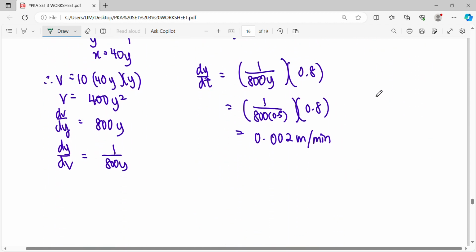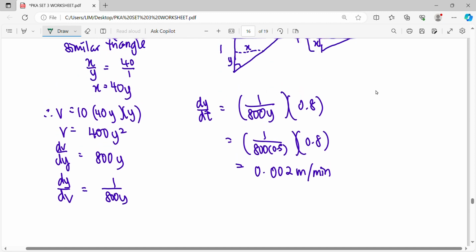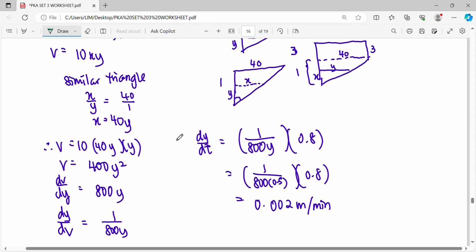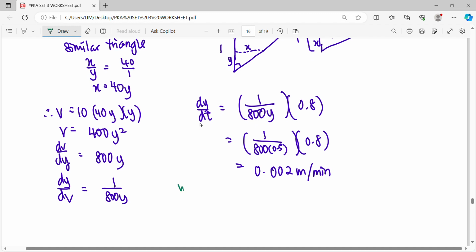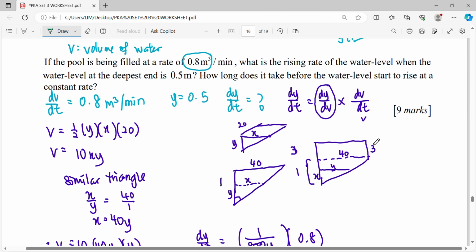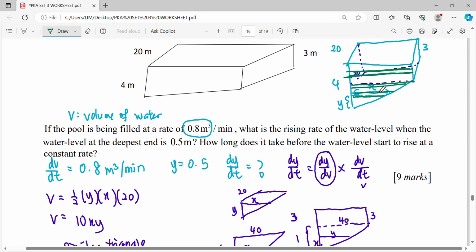Okay, so when is it? Find out when it will have reached until here.